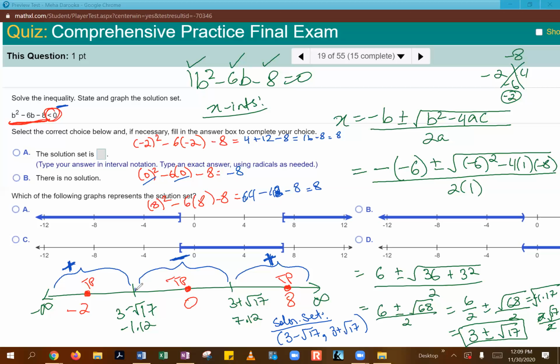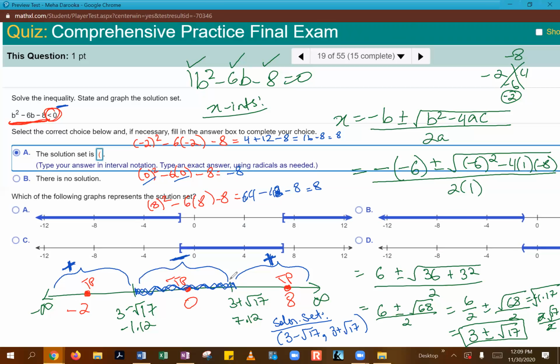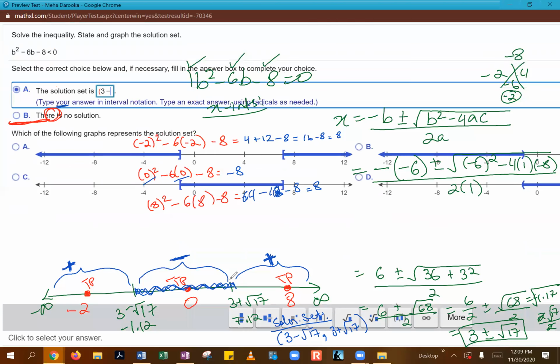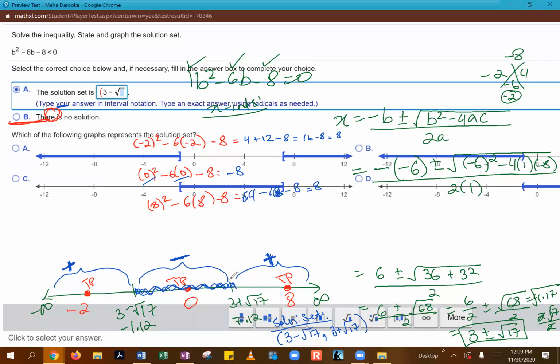So that's this interval right over here between our two x-intercepts. So 3 minus square root of 17, and then comma 3 plus square root of 17.